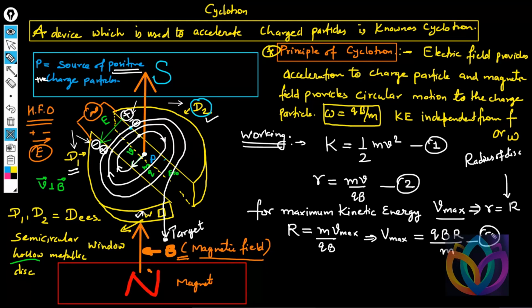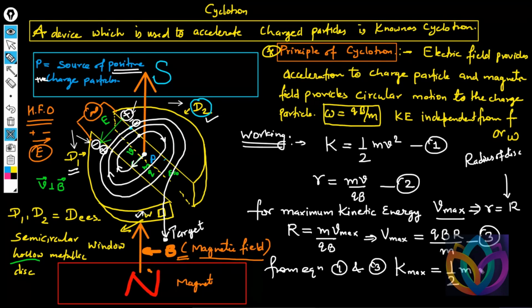Now putting this value in equation number 1, from equation 1 and 3, the maximum kinetic energy will be 1 upon 2, mass as it is, times v maximum squared.